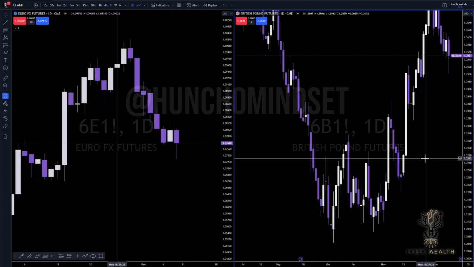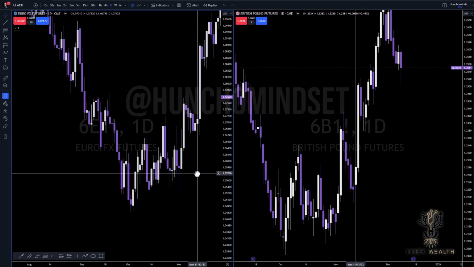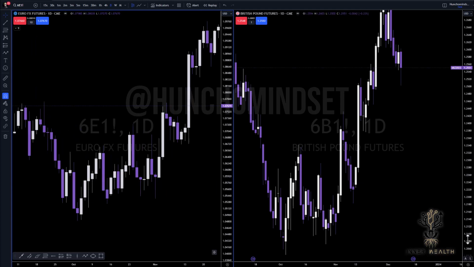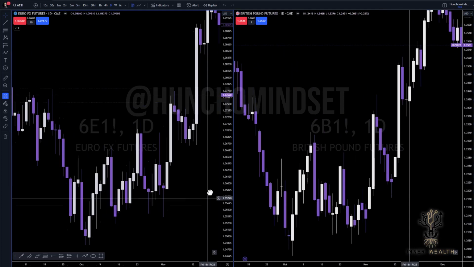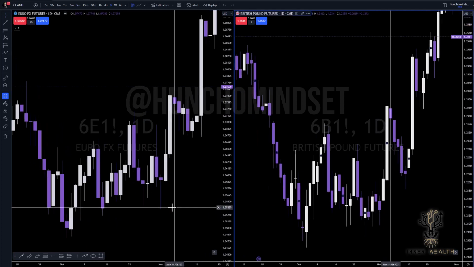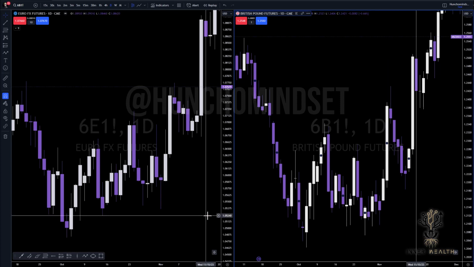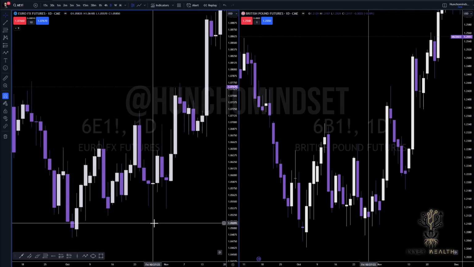Why we look at directly correlating pairs is because when you look at all of these, you can see these are essentially moving very close to one another, almost identical sometimes. Now look at the correlation here.